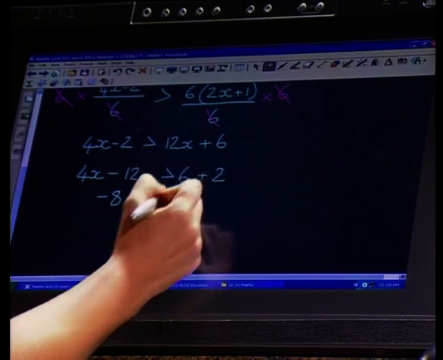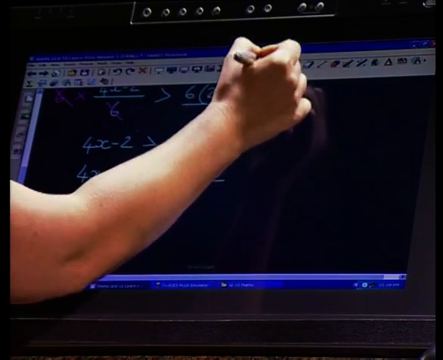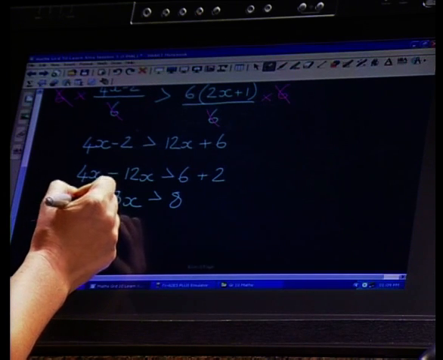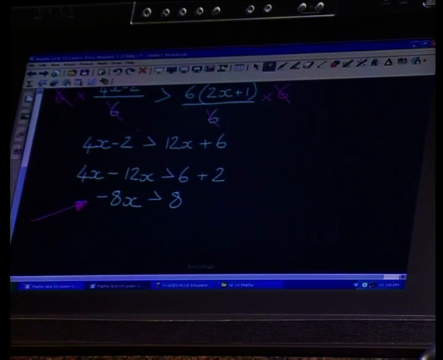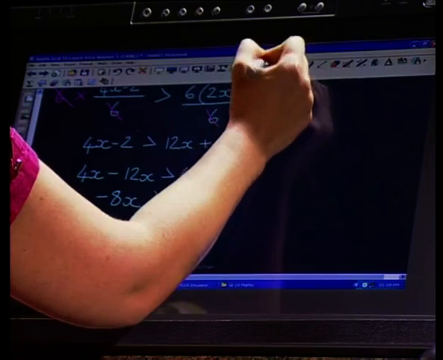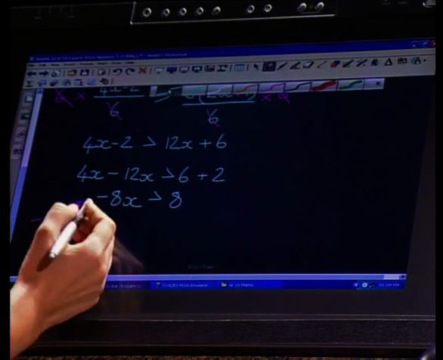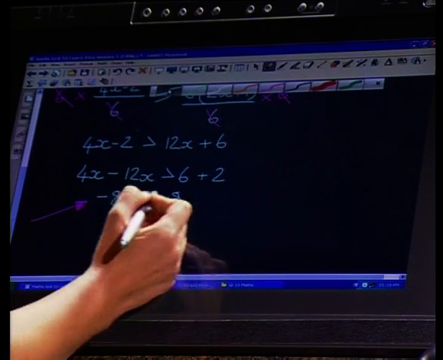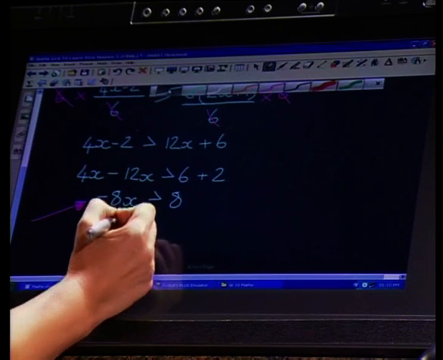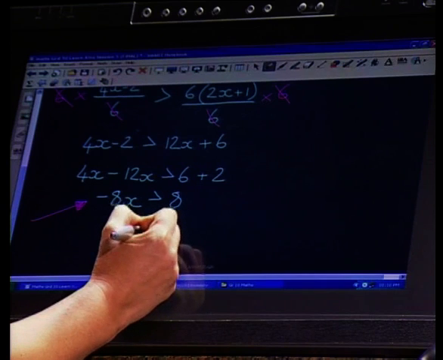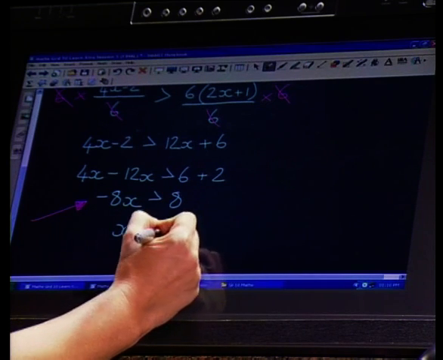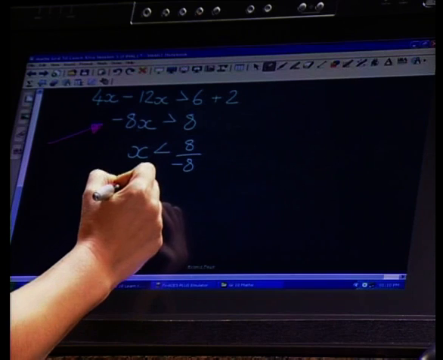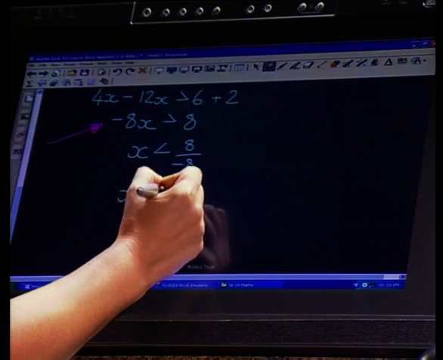is greater than 8. But now we have a problem. What is the problem? Well, the only thing I said that was different about inequalities was if we had to multiply or divide both sides by a negative number, which in this case we do have to. We've got negative 8 times x. We need to get rid of the negative 8 by dividing both sides by negative 8, meaning that our sign will change direction. 8 divided by negative 8 is going to be negative 1.